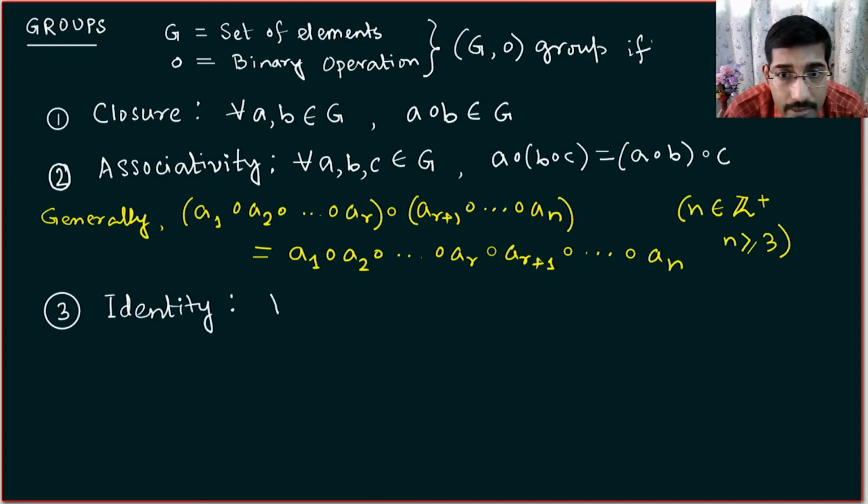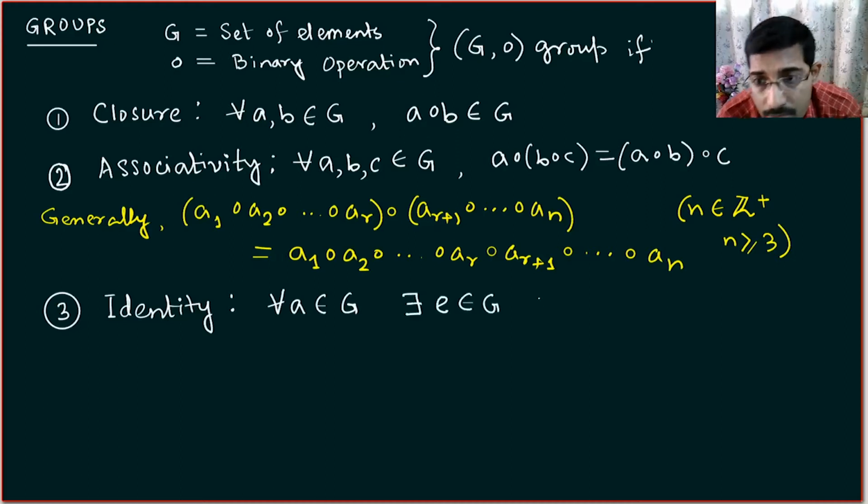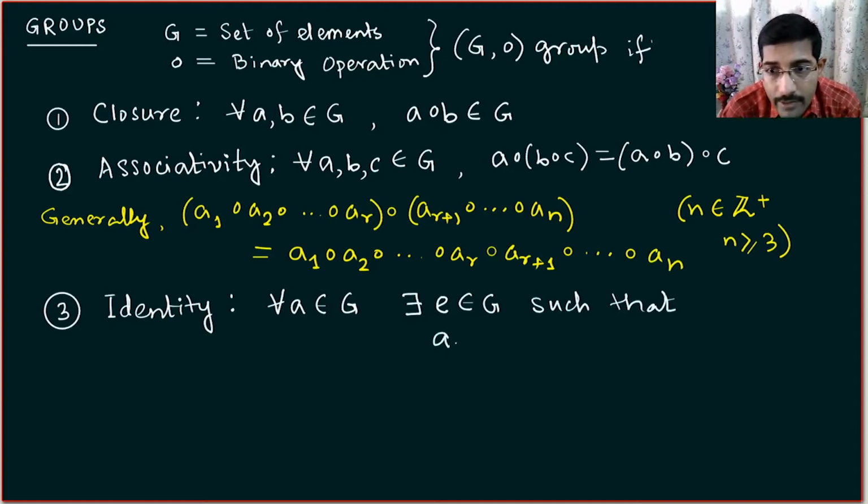It says that for all elements A in G, there must exist an element E such that A operated with E gives the same answer as E operated with A, which is basically A itself.